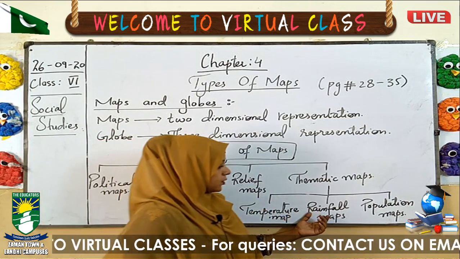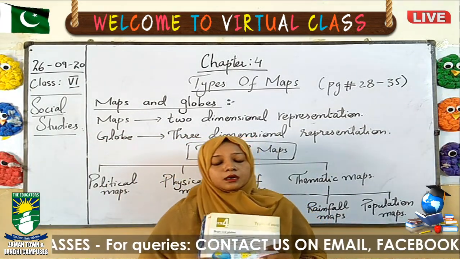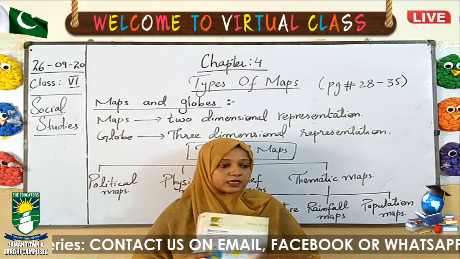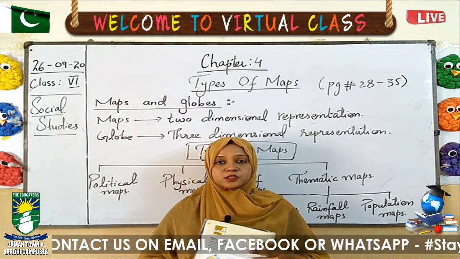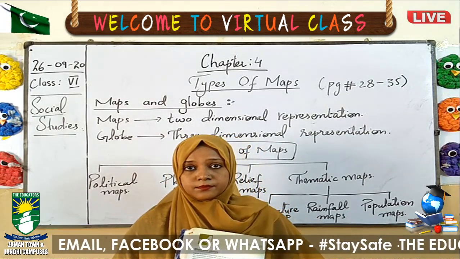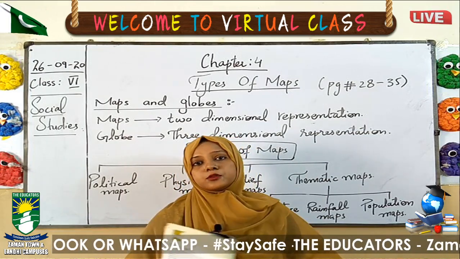Then the rainfall maps. The rainfall maps show all those areas where sometimes rainfall is very high, and some places which experience very little or no rainfall. As we had discussed, the deserts. In the deserts, we experience very little or no rainfall throughout the year.